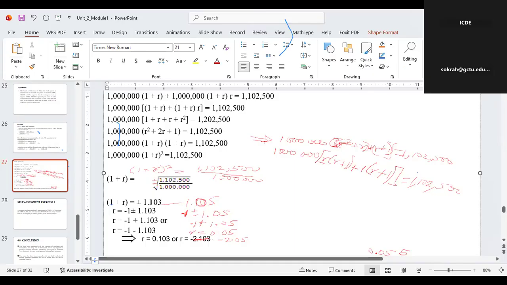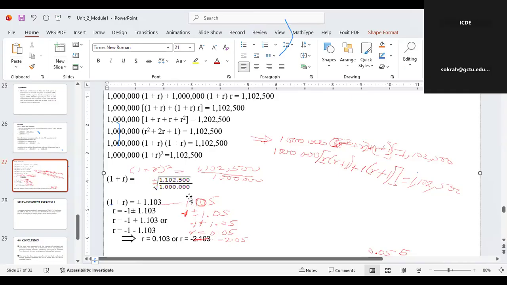The typed answer, the figure was wrong. So the correct answer is the one I've written in ink here. Okay. So this is the answer you get. But don't forget, it is positive and negative. So plus and minus.